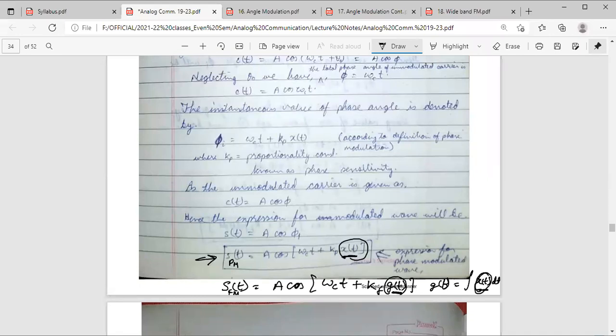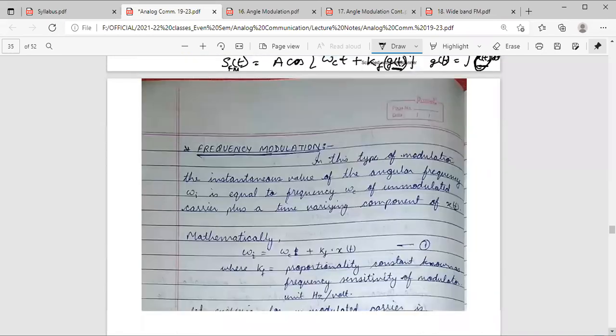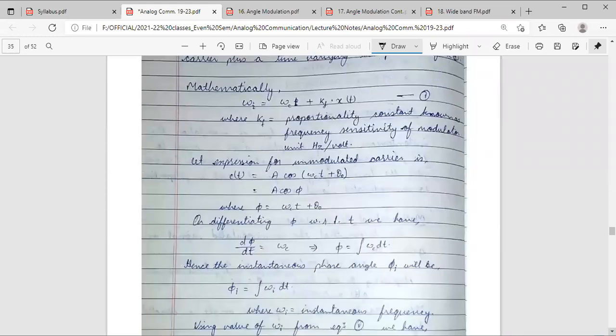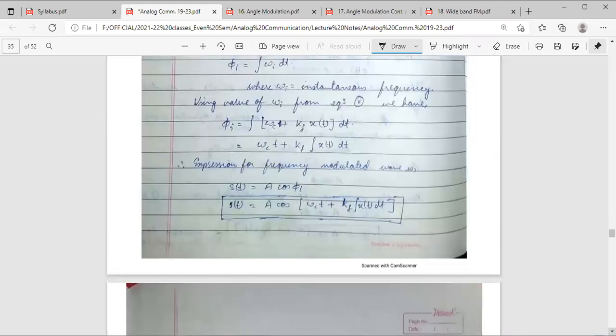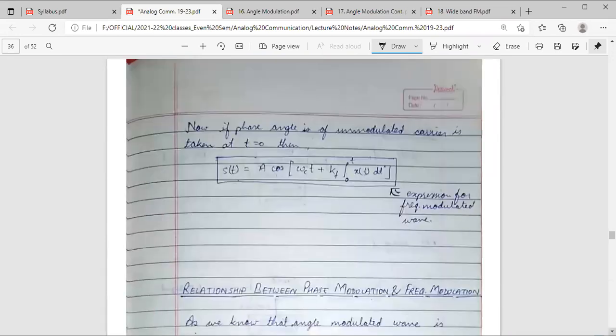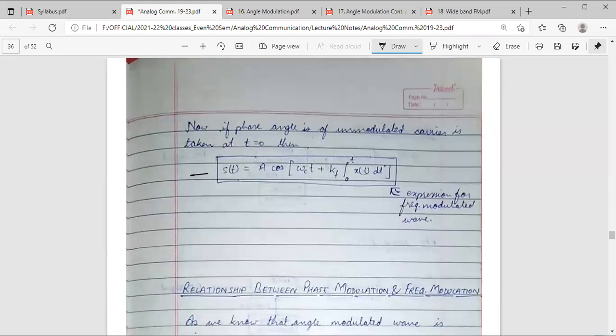This is a very basic difference, and there may be questions related to this. So st is equal to A cos of omega ct plus kf times the integral of xt dt.